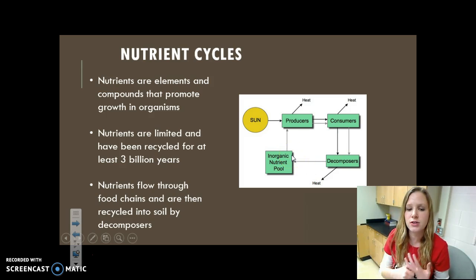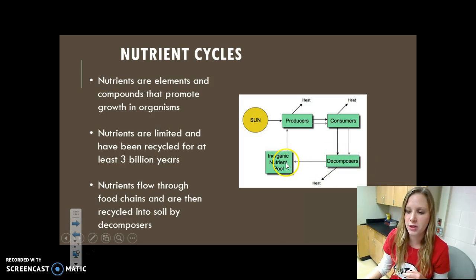So nutrients promote growth in organisms. I think you know that. Nitrogen, phosphorus, sulfur, those types of things. Nutrients aren't remade, so they have to be recycled. And they flow through what we would call the food chain, and we're going to talk a lot about that tomorrow, by the decomposers.